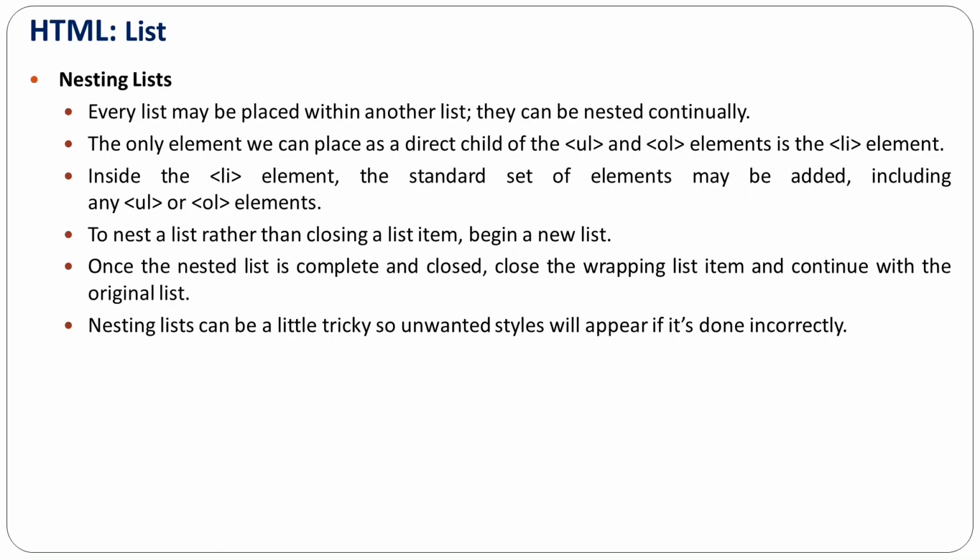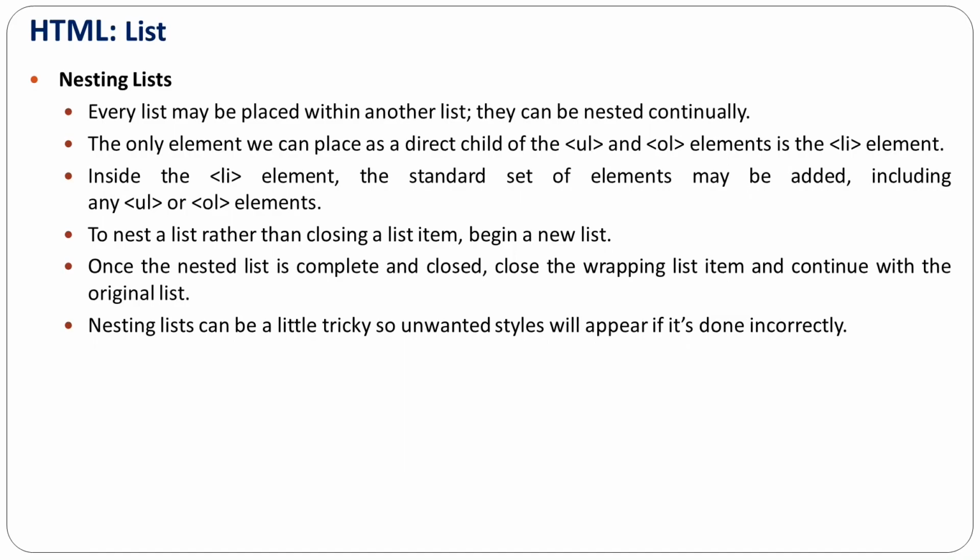So after the description list, we will have nesting of lists. Okay, so after learning the ordered list, unordered list and description list, if you want to make up a whole web page by mixing all these tags, then you can do it. But the most important point to remember is to be careful while opening and closing the respective tags. Otherwise, you will have unexpected results.